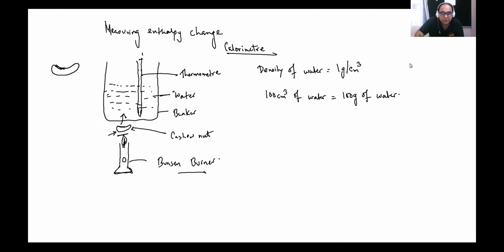How do we know? Density equals mass by volume. Mass is equal to density into volume. So the mass of the water is density into volume.